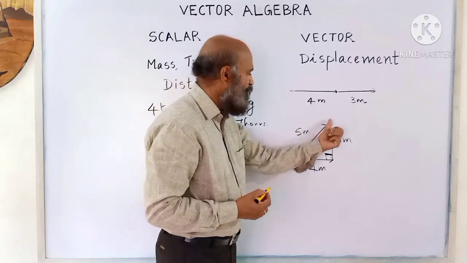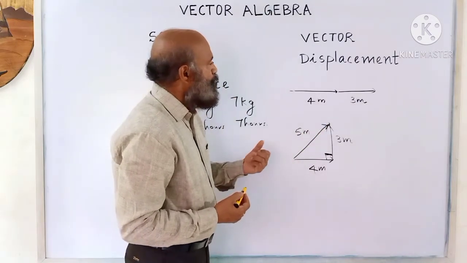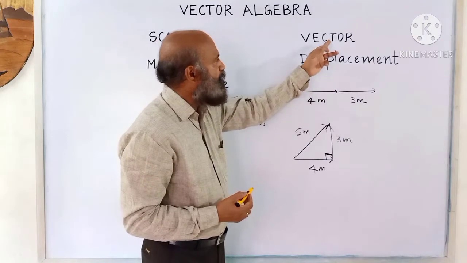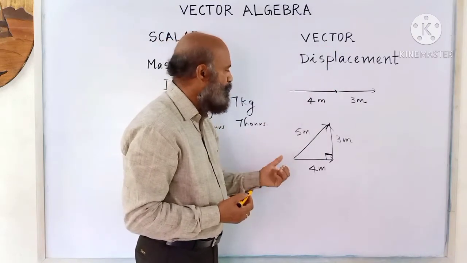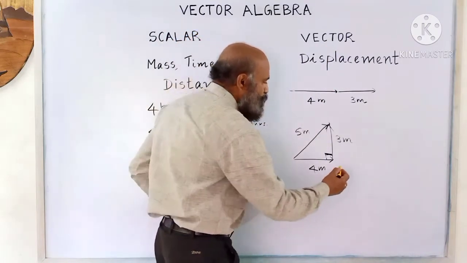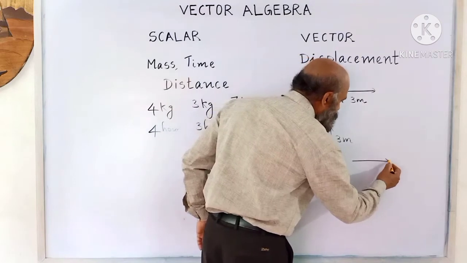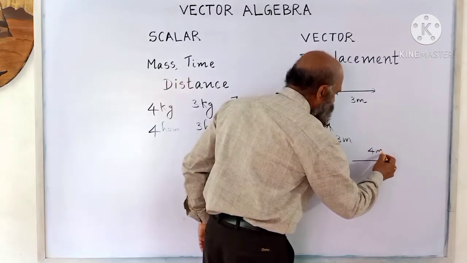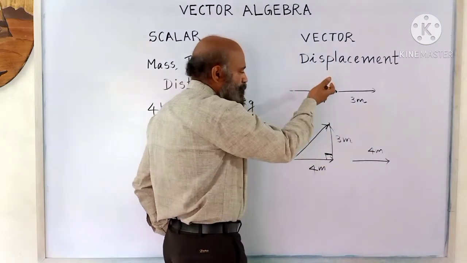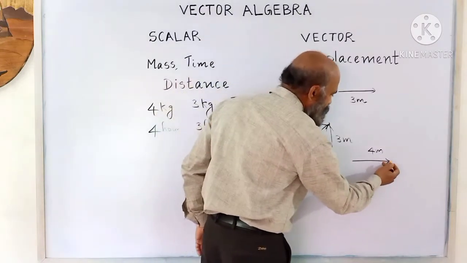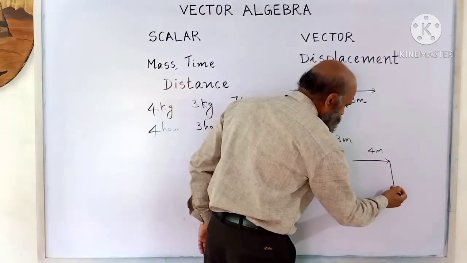Then there is a direction. So displacement is a vector quantity. There is a magnitude and direction. Suppose now after walking 4 meter, instead of going up, you go in another direction, same 3 meter.